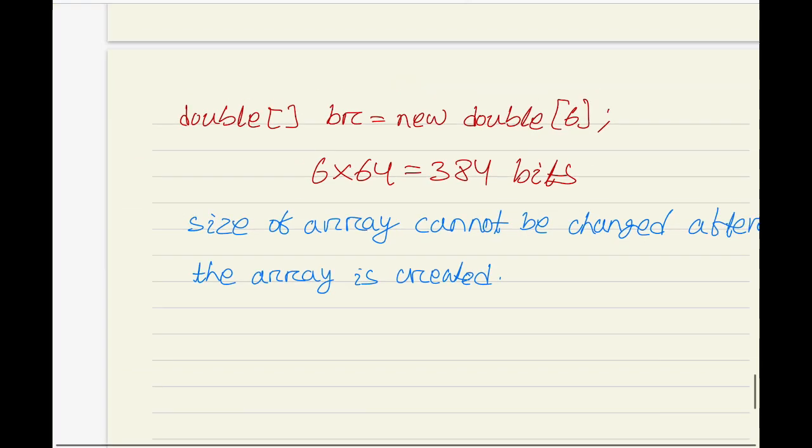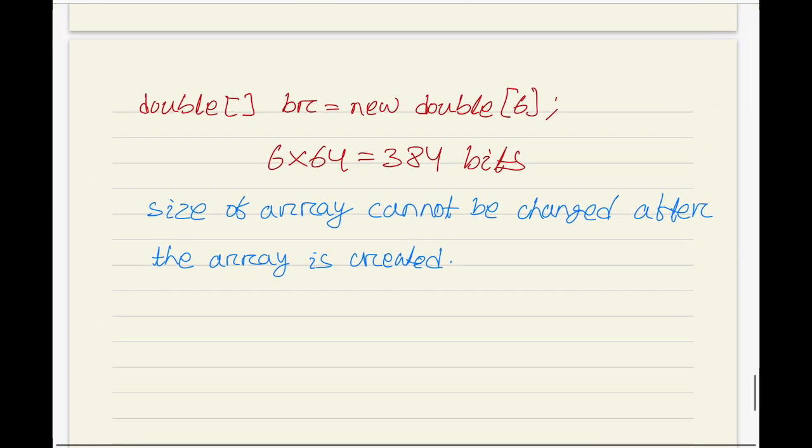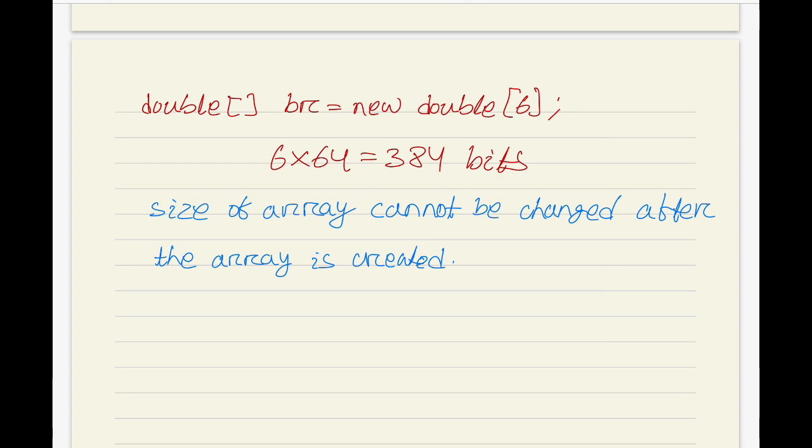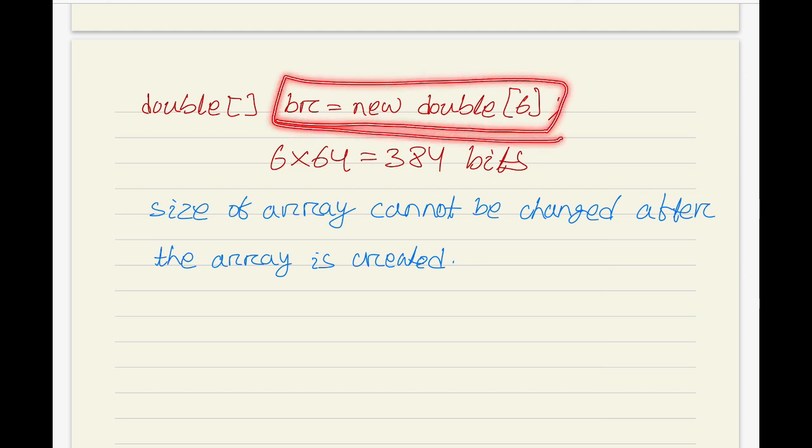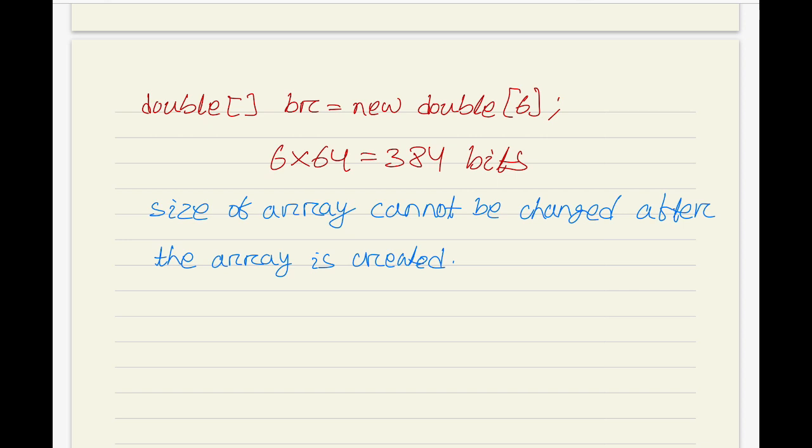So once you create the array by giving some size, you cannot change the size of that array. So here in this example, the size of this array is 6, or we can say the size of the array br is 6. So we cannot change its size. So it is fixed.